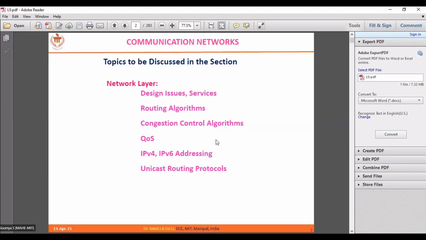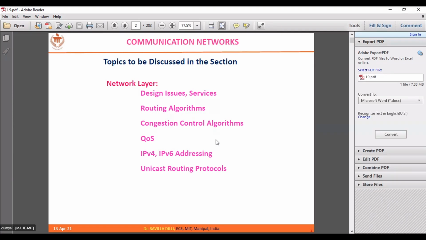So as I already mentioned to you, these slides have been given to us by Dr. Ravila Dili sir, and we are maintaining the same thing so that we maintain uniformity throughout. Okay, and so the topics that we will be discussing under the network layer.